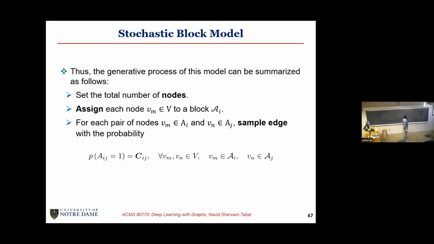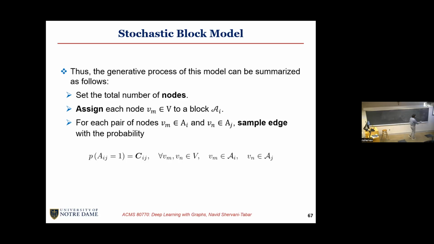So the generative process for this is that, first of all, you set V nodes to this graph. And then you go over all the nodes and assign each of these to one cluster by sampling from the categorical distribution P1, P2, P3 to P gamma, right?